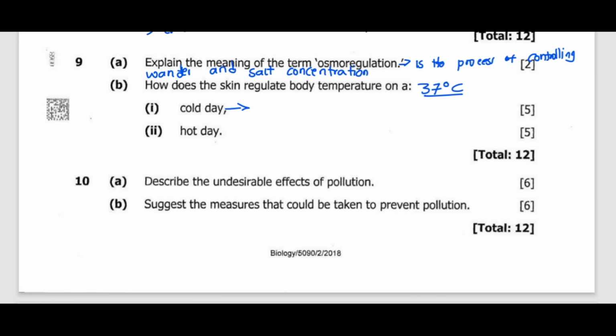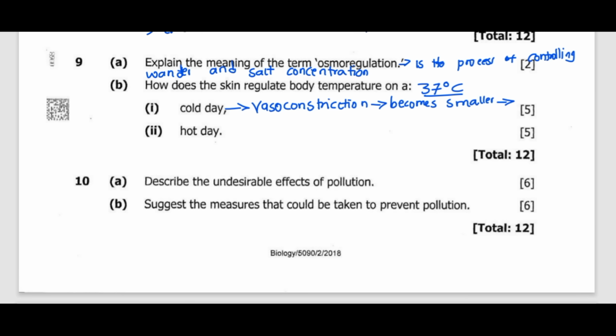So on a cold day, there will be what we call vasoconstriction. So what is this vasoconstriction? Vasoconstriction is just the process where the blood vessel becomes smaller in size. And why is this important?